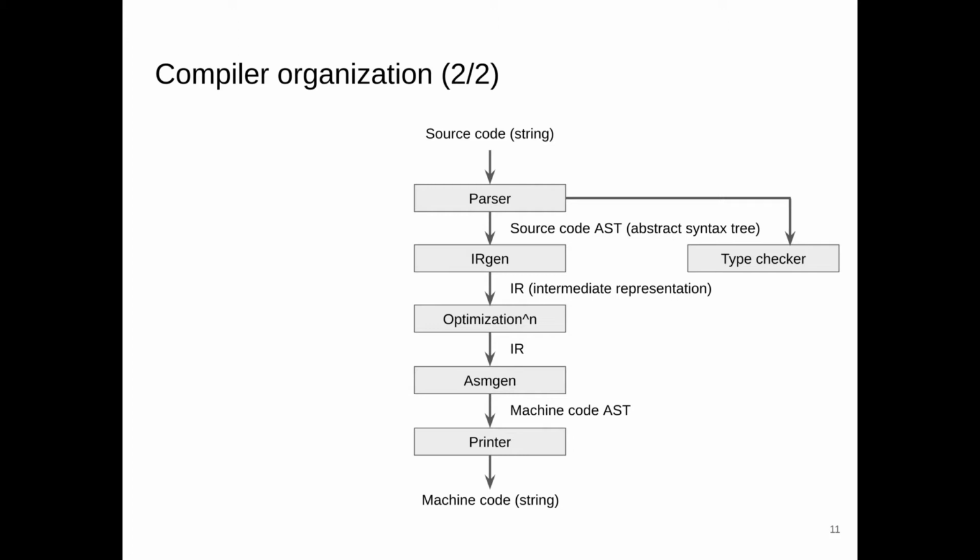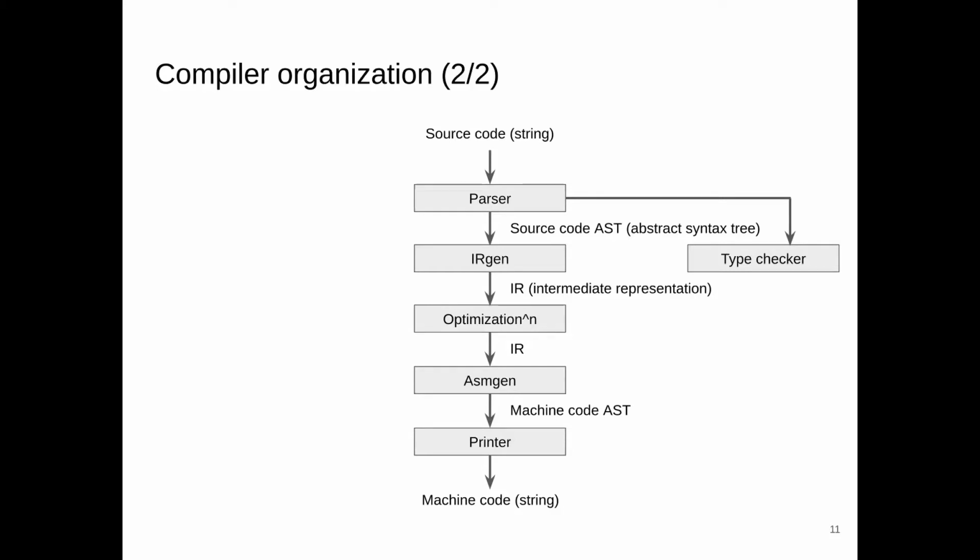And then it is going to generate an IR from the AST. IR is intermediate representation that sits between the source code and machine code, and is meant to make it easier to perform optimizations. So in order to perform many optimizations afterwards, it performs IR generation first. After performing optimizations, it is going to generate assembly, for example x86, ARM, or RISC-V assembly.